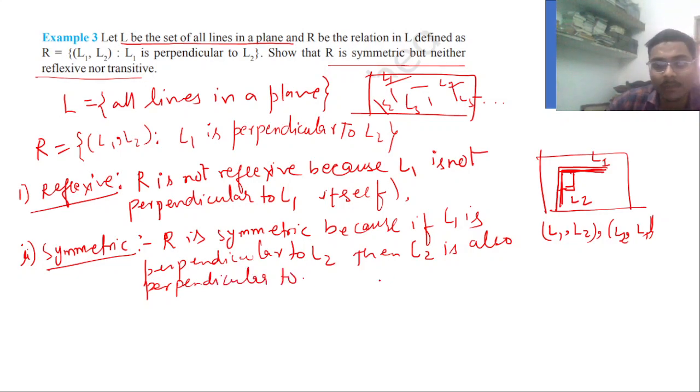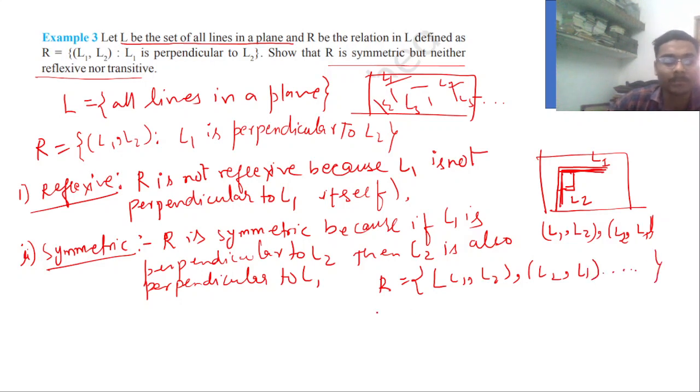So we can have L1 comma L2, L2 comma L1 and so on. So this is symmetric.